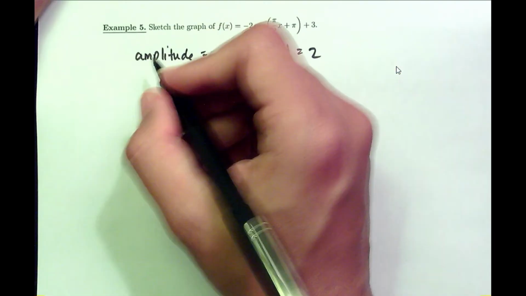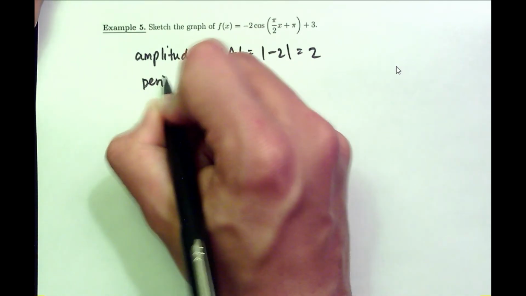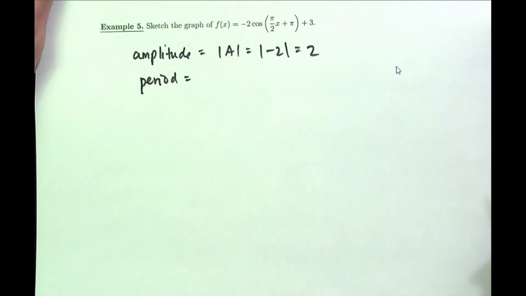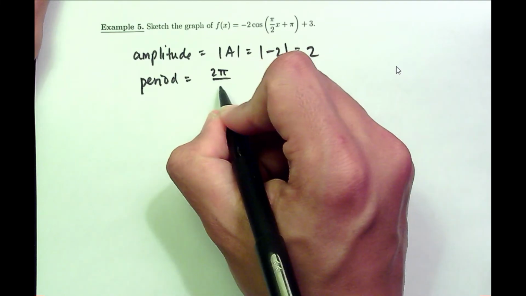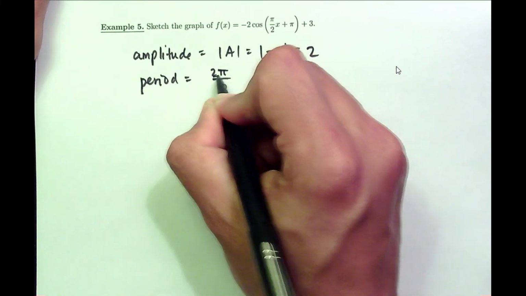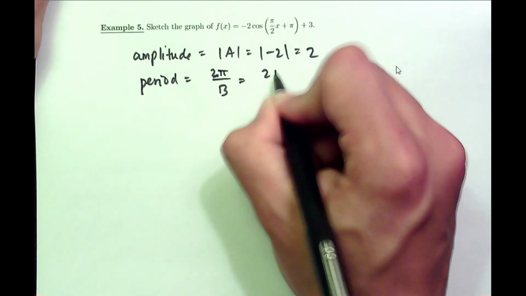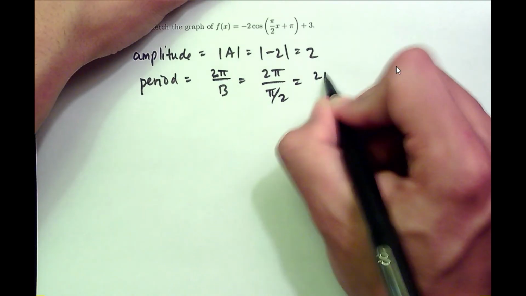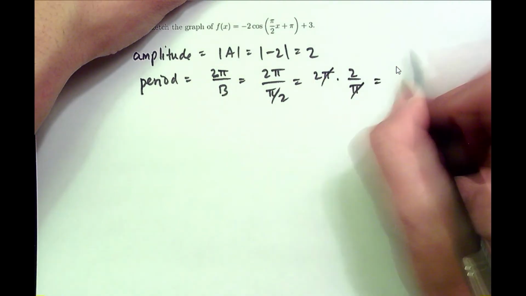Then we have the period. The period is 2 pi over B. And the B is pi over 2. So this is really 2 pi times 2 over pi. That cancels and you get 4.